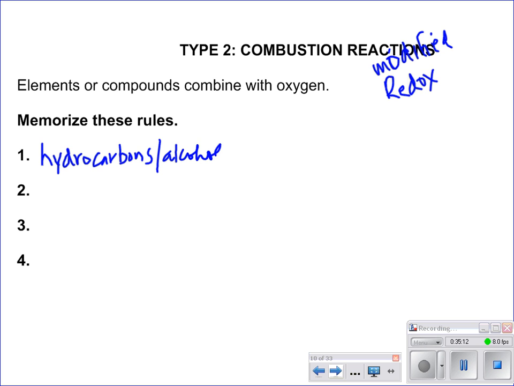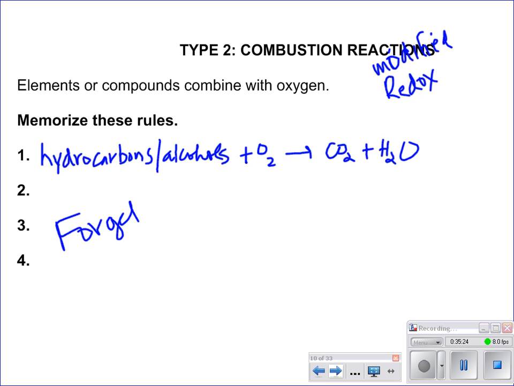You already know this, guys. Okay, and then forget the rules. I'm just going to tell you something else because the rules are silly, and I'll tell you why. Basically, you can combust anything.